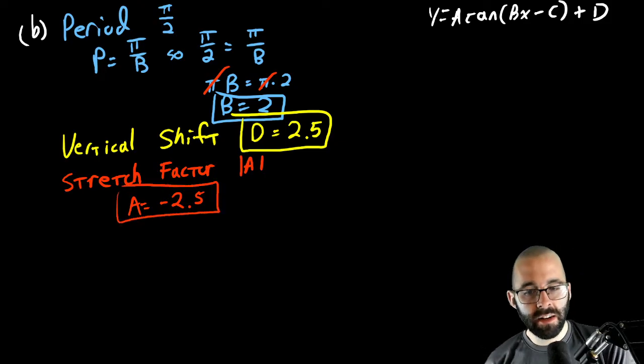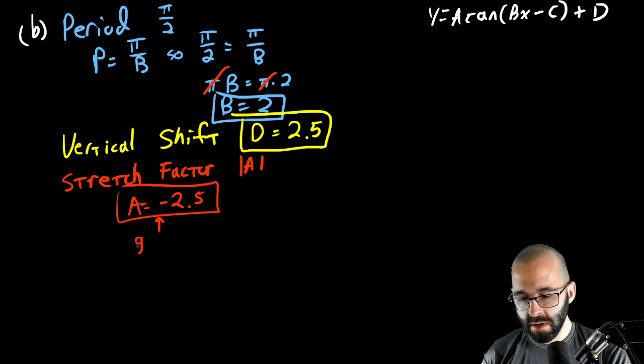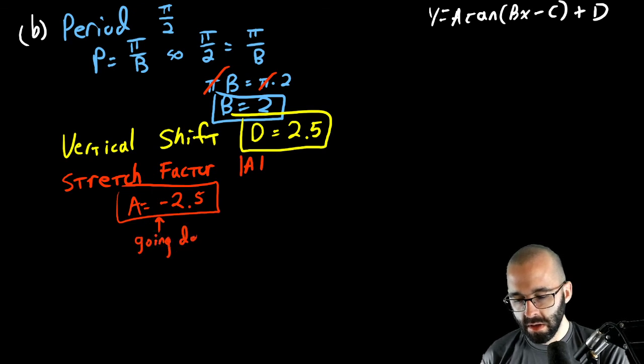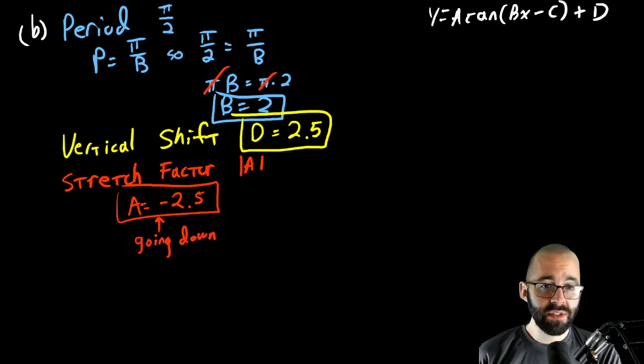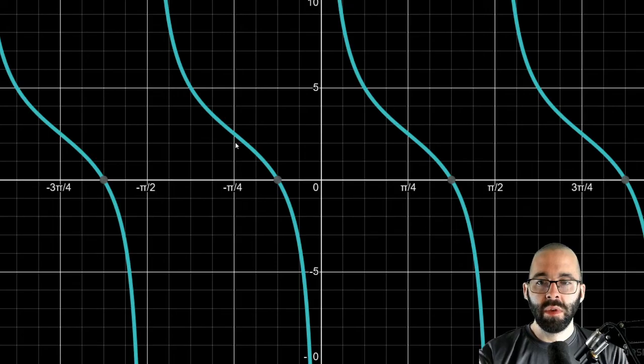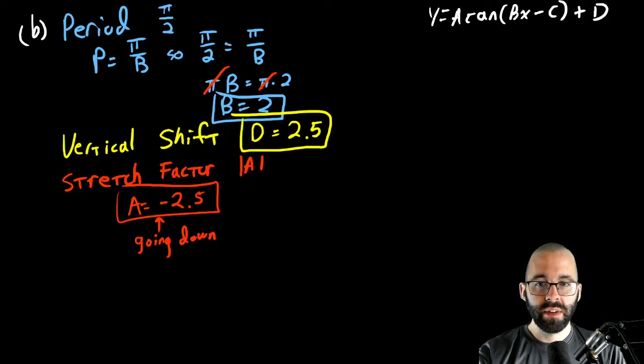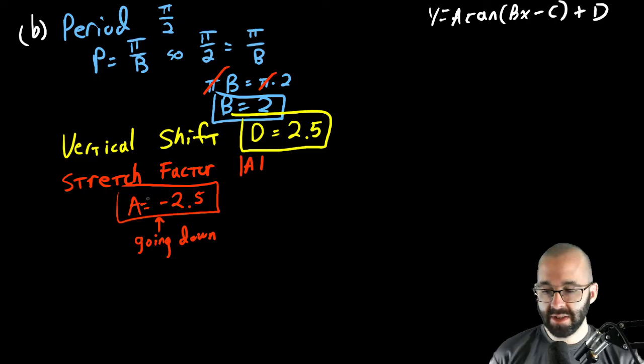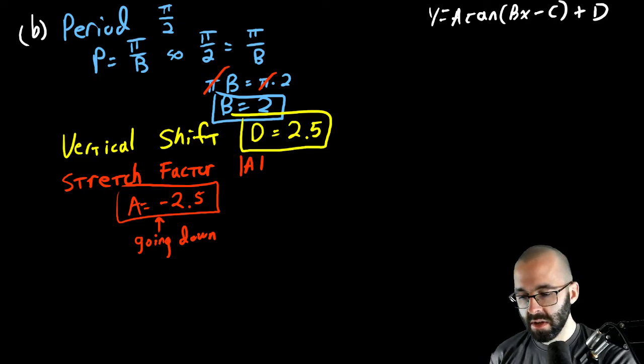Negative because it's going down. And then we're going 2.5 times as far as we usually do. Because tangent normally goes up 1 when you look at the comparison between the middle of the graph and halfway to the asymptote. This is a vertical change of 2.5 when it should be 1. So we're getting stretched by 2.5.